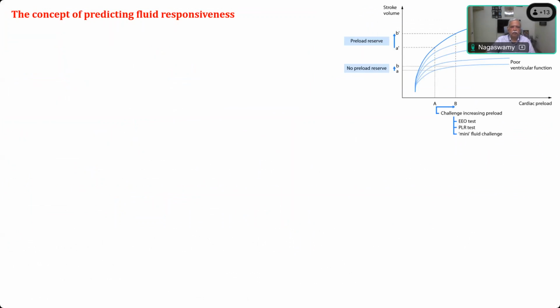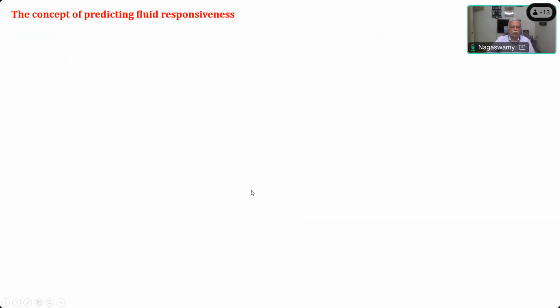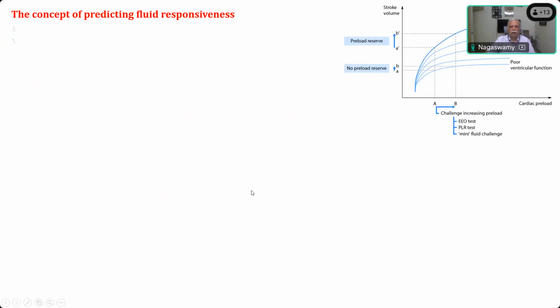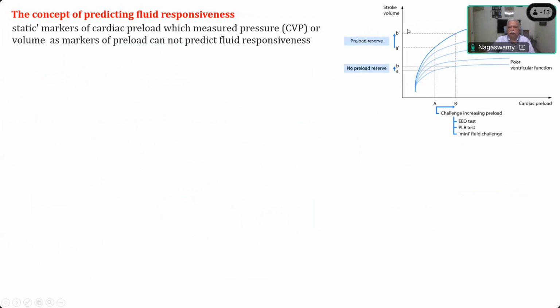The concept of fluid responsiveness came from this particular graph, the Starling graph, where you give a fluid challenge by increasing the preload. You can see whether the stroke volume increases or not.